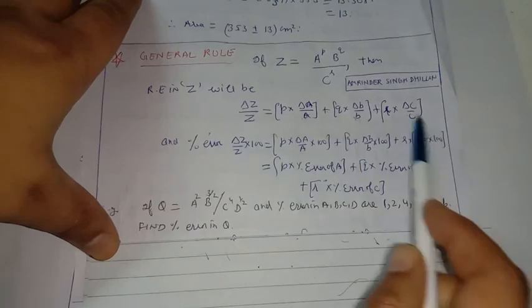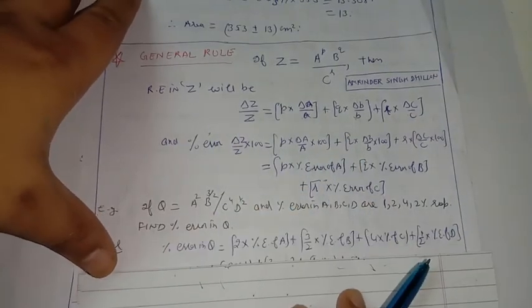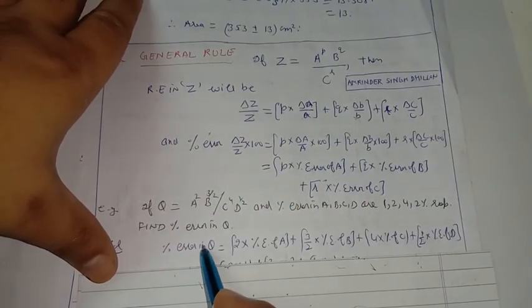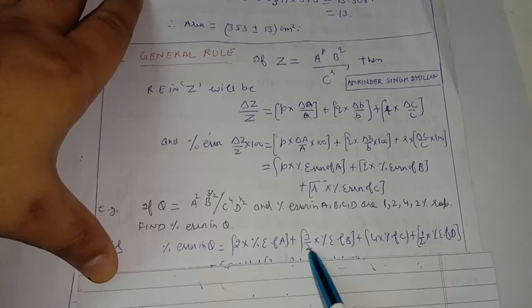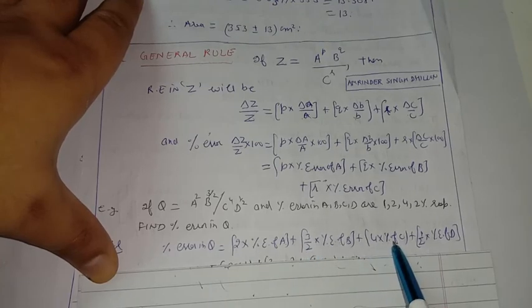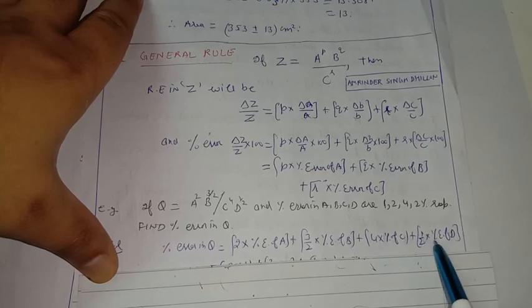So using this formula, we have percentage error in Q equal to 2 multiplied by percentage error in A plus 3 by 2 multiplied by percentage error in B plus 4 multiplied by percentage error in C plus half multiplied by percentage error in D.